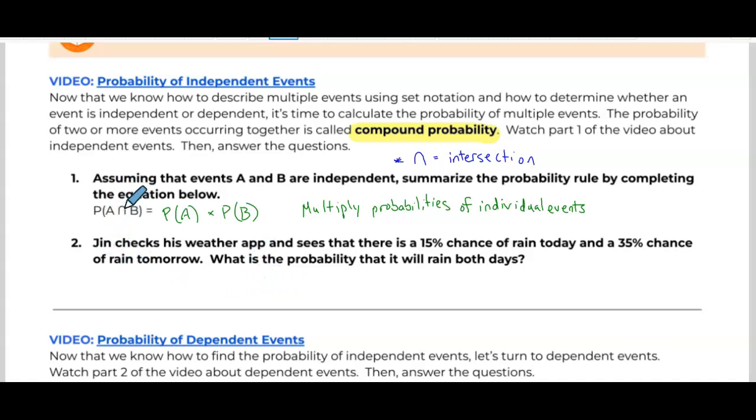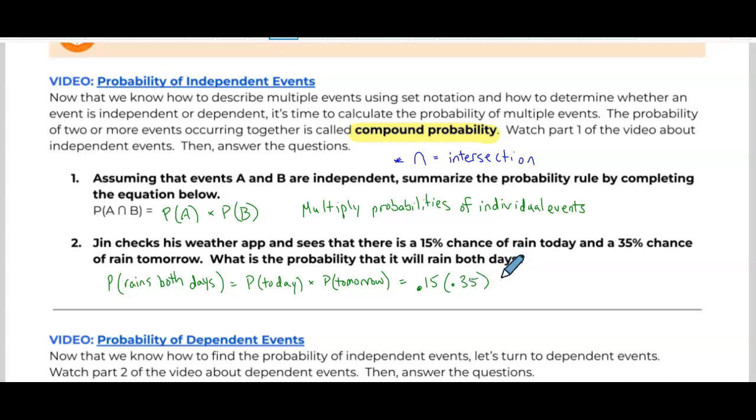Okay, so the probability of the intersection of A and B would be the probability that it rains both days. To calculate that, we need the probability that it rains today times the probability that it rains tomorrow. Today's chance was 15%, so I'm just going to make that a decimal. And tomorrow's chance is 35%, so make that a decimal.